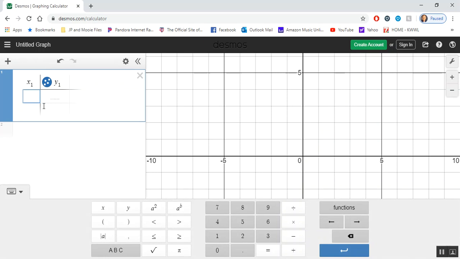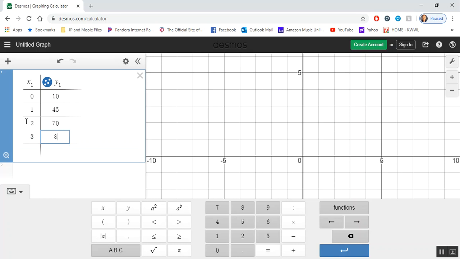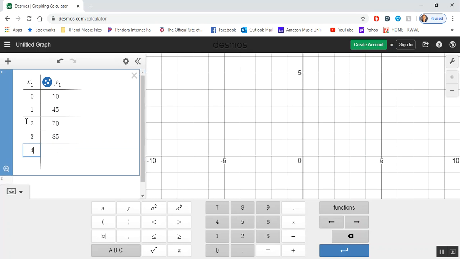What's the first point we have there, kids? 0, 10. 1, 45. 2, 70. 3, 85. 4, 90. 5, 85. Does it start mirroring now? And then 6, 70.